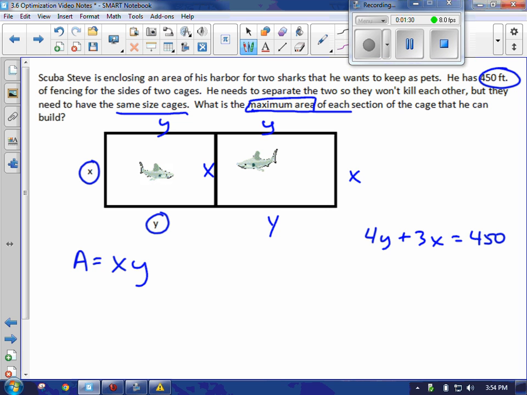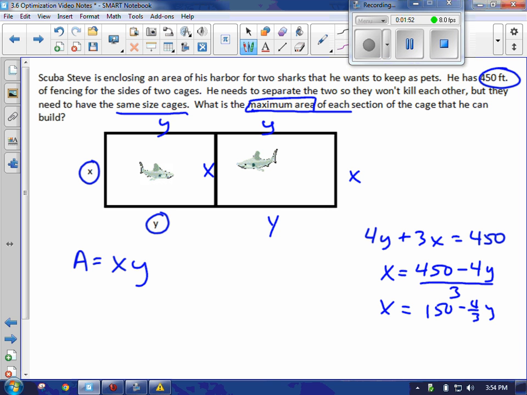So using this equation, we're going to solve for either x or y. Now 450 does not divide evenly by 4, it does divide evenly by 3, so I'm going to solve for x here. So that would be 450 minus 4y divided by 3, or 150 minus 4/3 y.